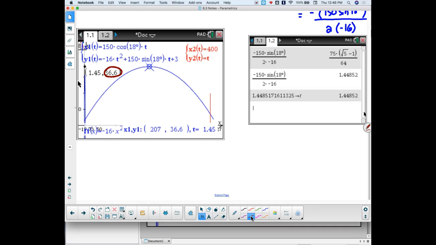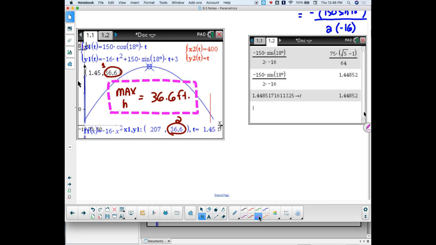Here is number 1, the first method. Here is the algebraic method of doing it. But both of those give me a maximum height of 36.6 feet in the air. Okay?